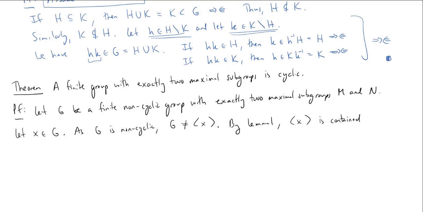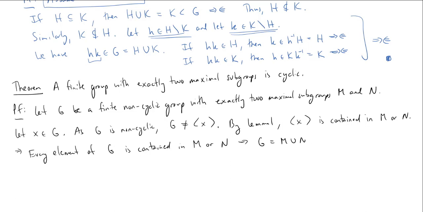And we all know there's only two maximal subgroups, M and N. So this group is contained in M or N. And so in particular, this implies every element of G is contained in the group generated by that element, which is contained in either M or N. So that element is contained in either M or N. Oh, but if every element of G is in M or it's in N, this implies that G is the union of M and N. Every element in G is certainly in that union. But this is a contradiction to lemma 2.